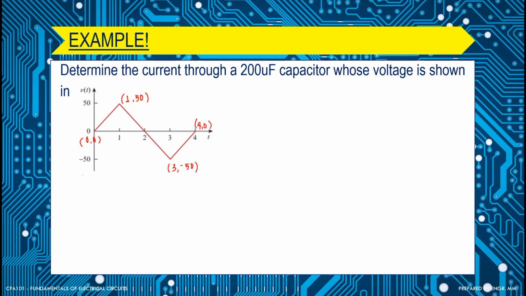Now, since these are straight lines and we have points, okay, so these are the points in the line, we can use the two-point form to get the equation of these lines. So let's write this in here. Okay.